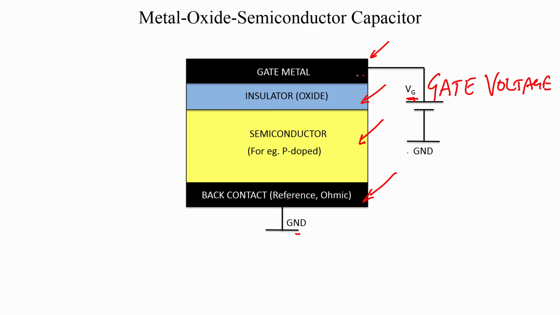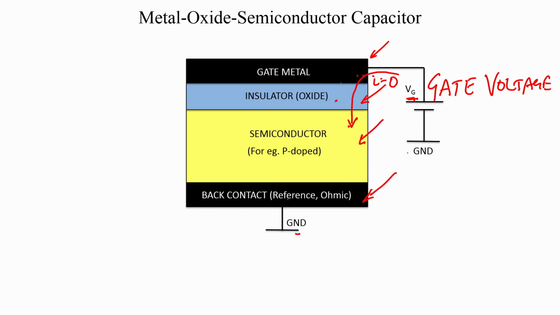An insulator is sandwiched between the gate metal and the semiconductor. This is a very key difference, which means that if this insulator is ideal, there is no current flowing from the gate to the semiconductor. This current is ideally 0 at low frequencies.